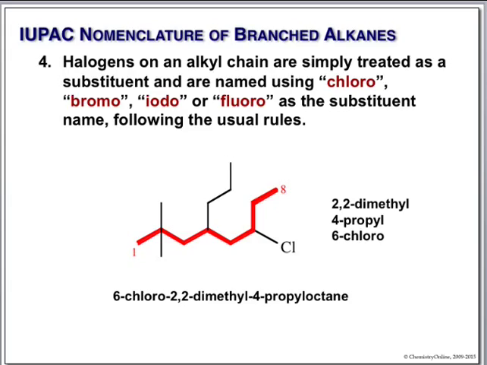Instead of a methyl here, we now have 2 methyls in carbon 2. We have our propyl still in carbon 4. And over here we have a chlorine in carbon 6. So octane is our parent, 6-chloro-2,2-dimethyl 4-propyl. Any questions?